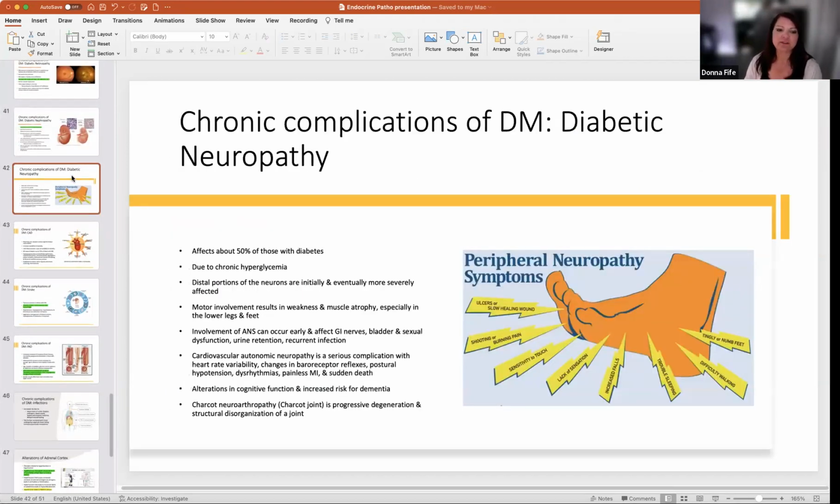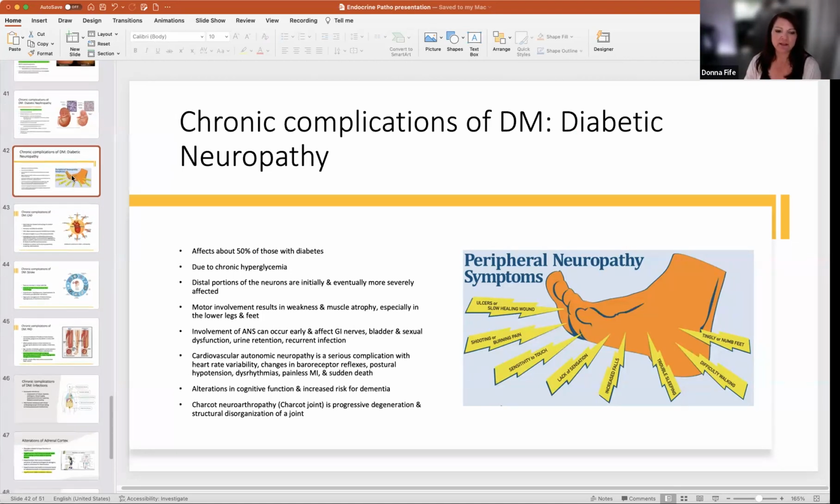Diabetic neuropathy affects about 50% of those with diabetes, and this is due to chronic hyperglycemia. Distal portions of the neurons are initially and eventually more severely affected. Motor involvement results in weakness and muscle atrophy, especially in the lower legs and feet.